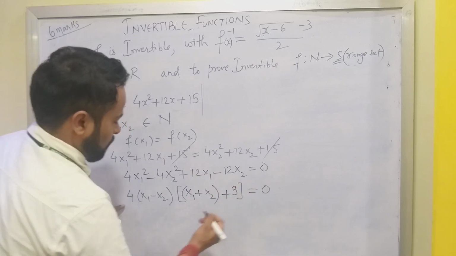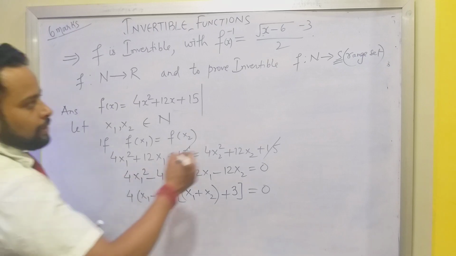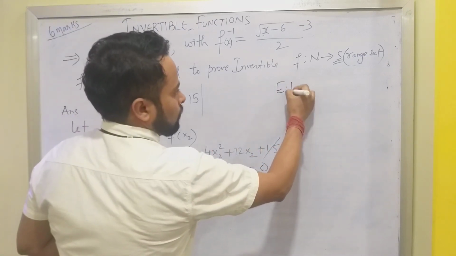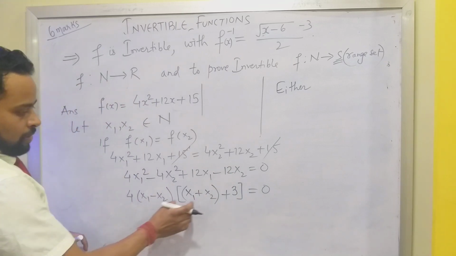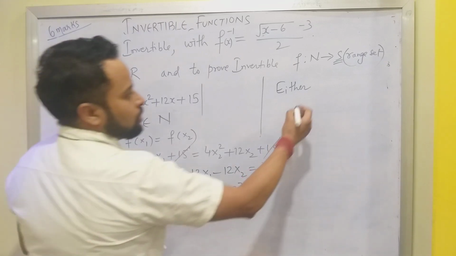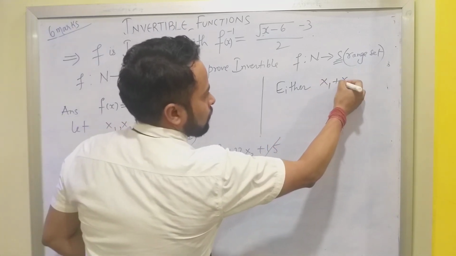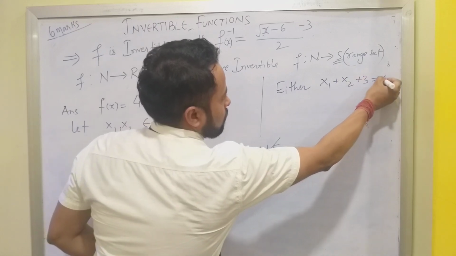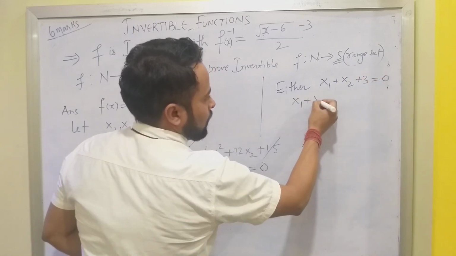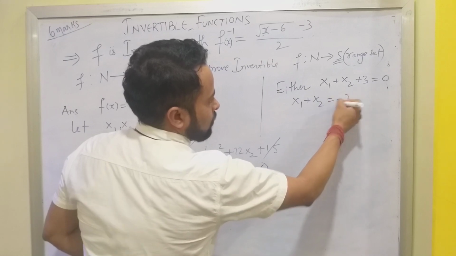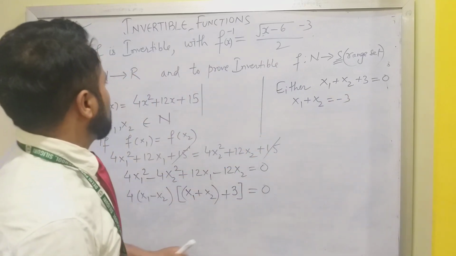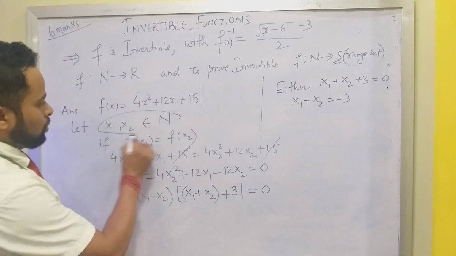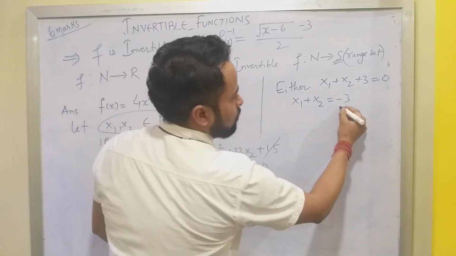equal to 0. So we can say either x1 plus x2 plus 3 equal to 0, x1 plus x2 equals minus 3. Oh my god, x1 plus x2 equals minus 3, and x1, x2 belong to natural numbers, so not possible.